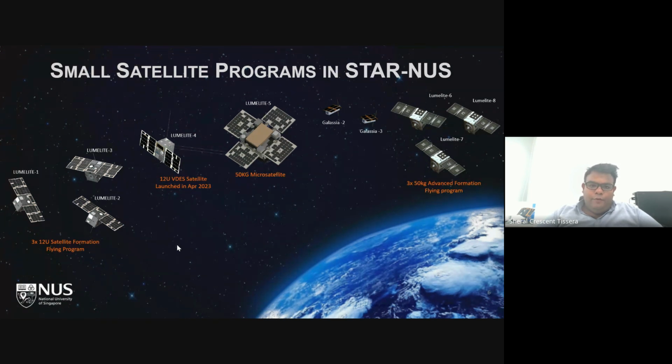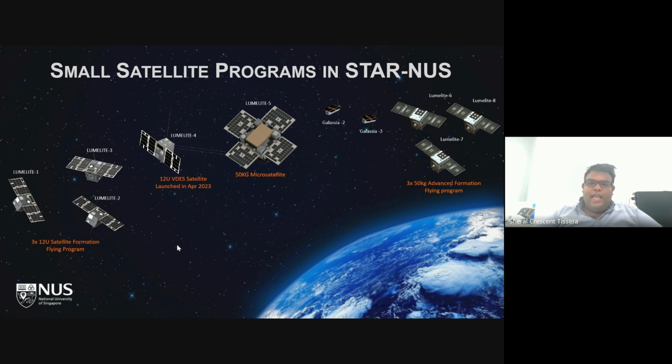Next, we have Lumelite 4, which was launched in April last year, and it carries a VHF data exchange system for maritime communication. Next, we have Lumelite 5 and Lumelite 6 to 8, which are 50 kg class satellites to demonstrate a satellite data relay system as well as advanced formation flying technologies.